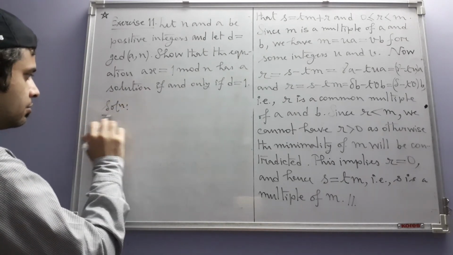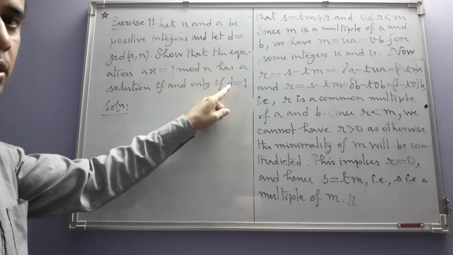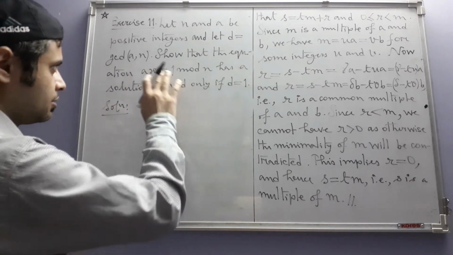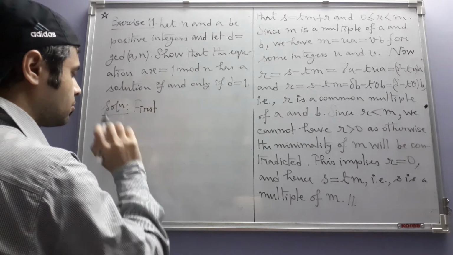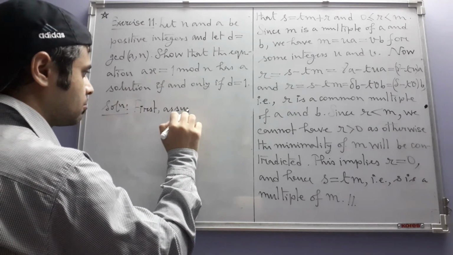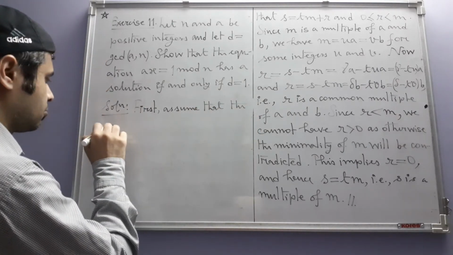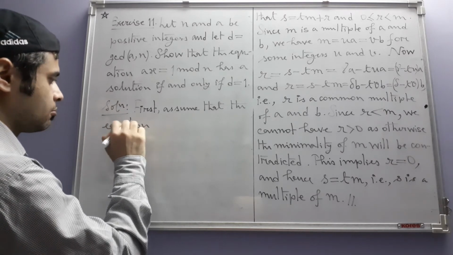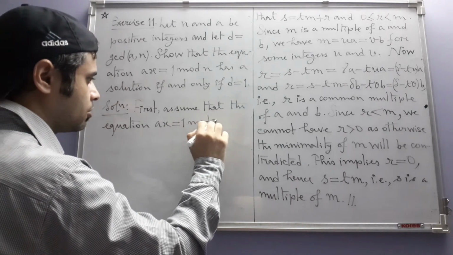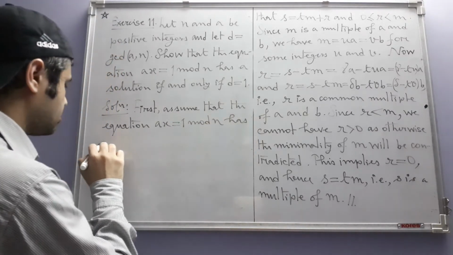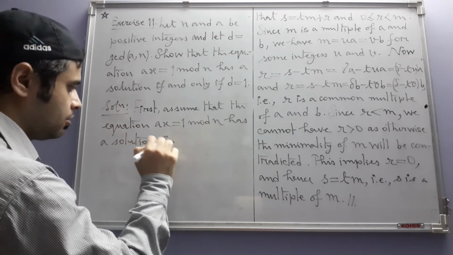So here we have two things to prove. If this has a solution, then D is 1, and conversely. So let us start with this having a solution. First, assume that the equation ax equal to 1 mod n has a solution x naught, say.